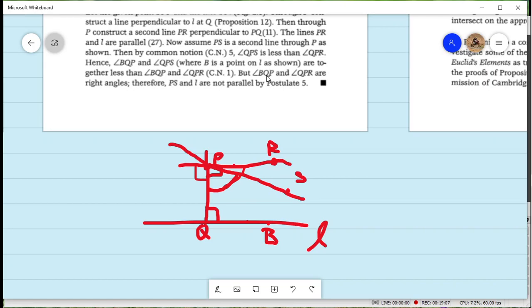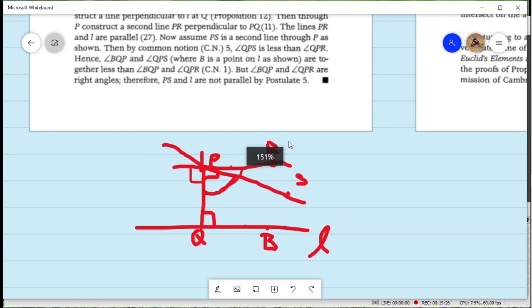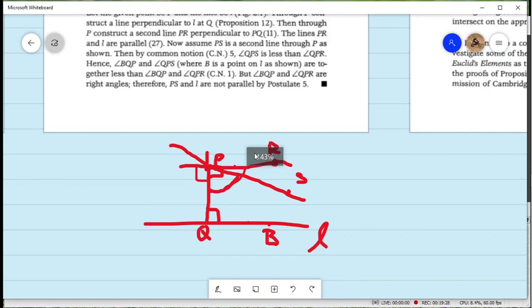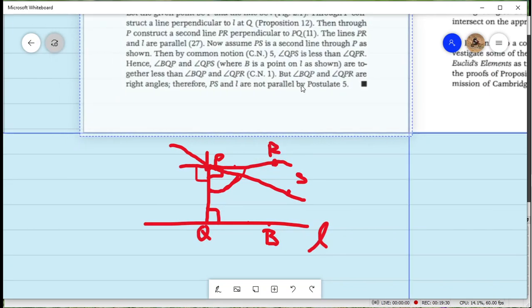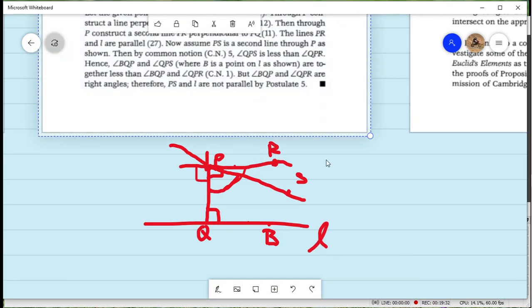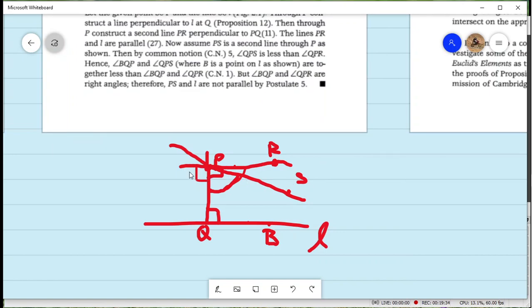But BQP and QPR are right angles, and therefore PS and L are not parallel by postulate number 5. Hence, using postulate number 5, we have shown that there can only be one parallel line.